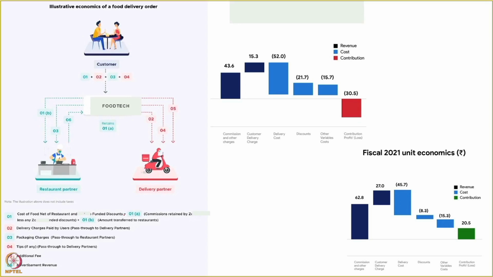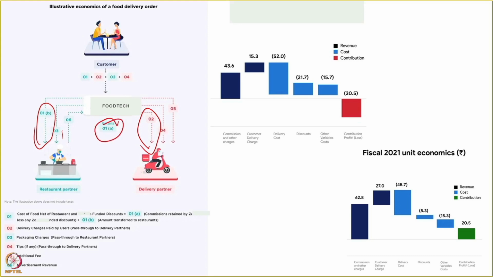You can now move forward to see how this unit volume of activity can be tracked in terms of revenues and expenses. So for each customer, the cost of food net of the restaurant discounts is one line of cash payment.